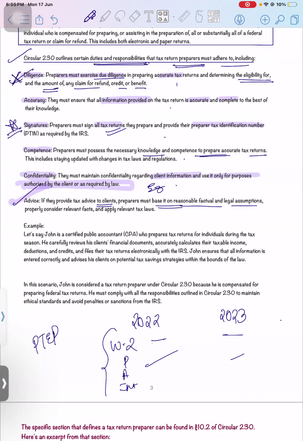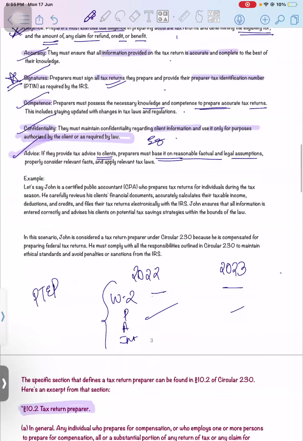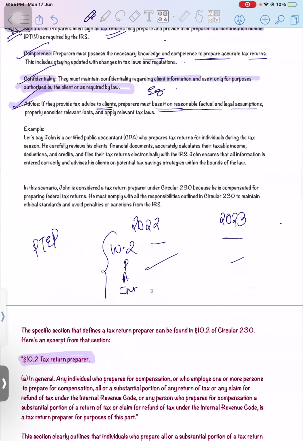So these are the things: diligence, accuracy, signature, competence, confidentiality, and advice. One example: let's say John is a certified public accountant who prepares tax returns for individuals during the tax season. He carefully reviews his client's financial documents, accurately calculates their taxable income, deductions, and credits, and files the tax return electronically.